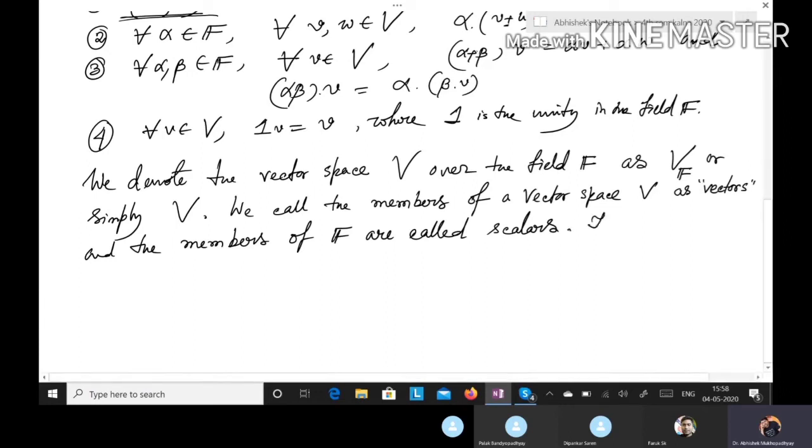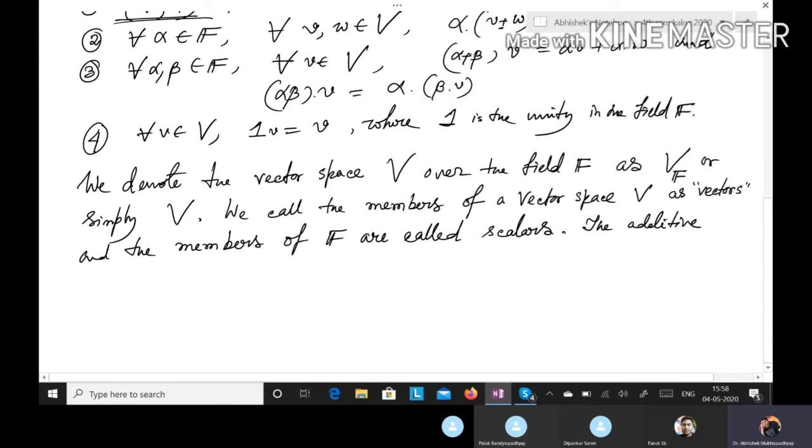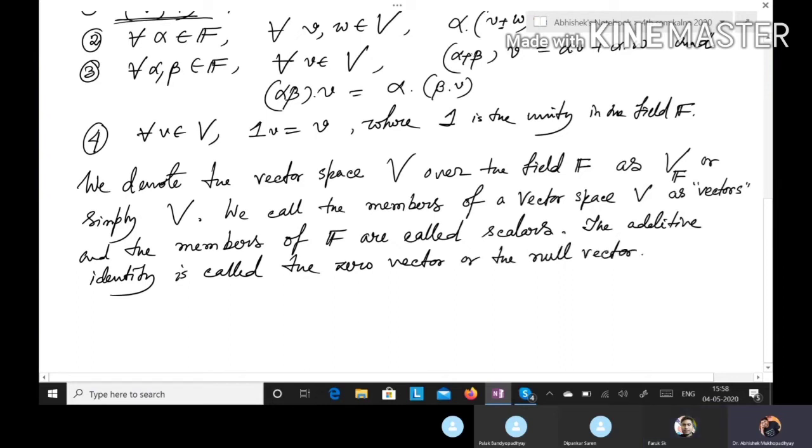The additive identity: since from the first condition V plus forms an abelian group, V has an additive identity. This additive identity is called the zero vector, or the null vector, and it is denoted by theta.